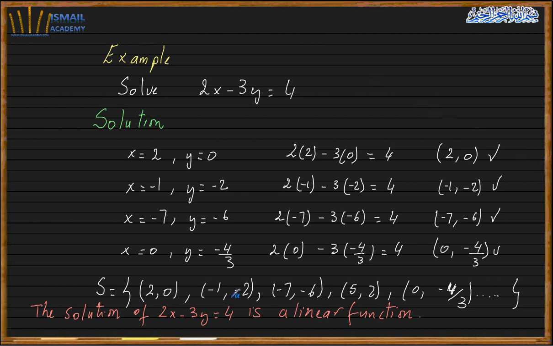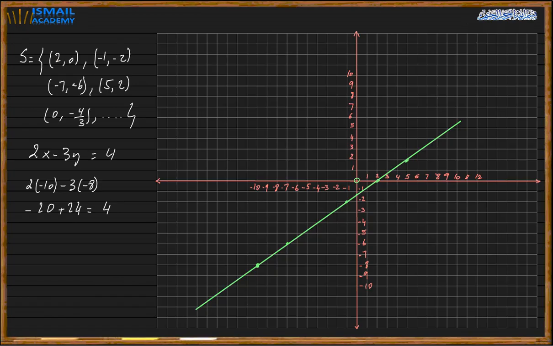But this relation has something different from the regular relation. What's the difference? Each x is distinct from the others, which means it's not only a relation, it is a function. Now, when we graph this function in the coordinate plane, we find that it has the shape of a line.